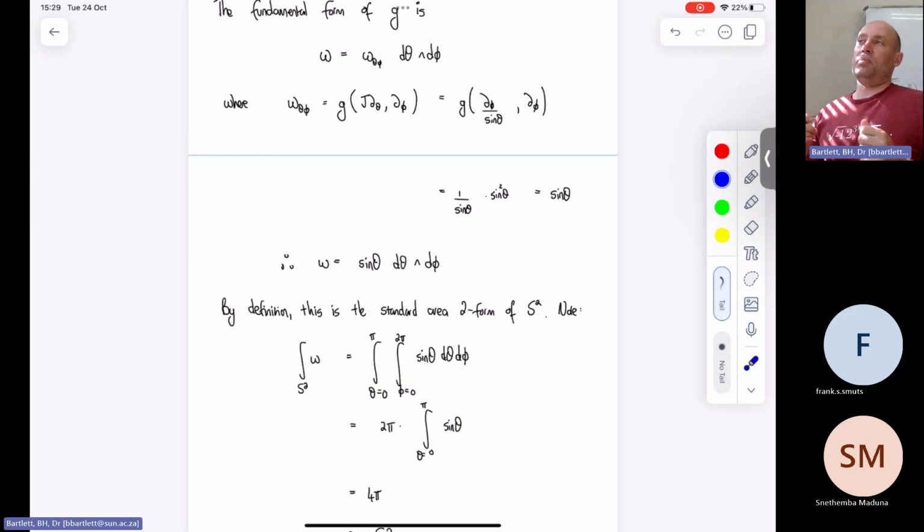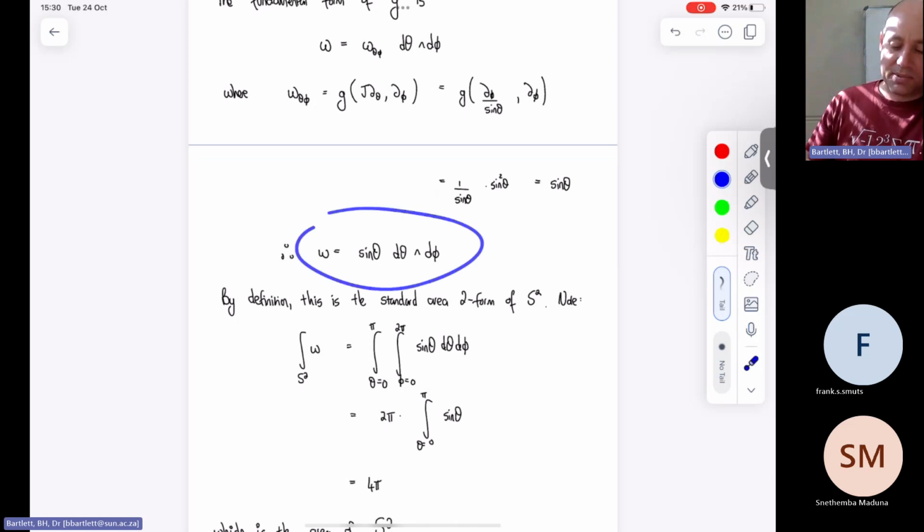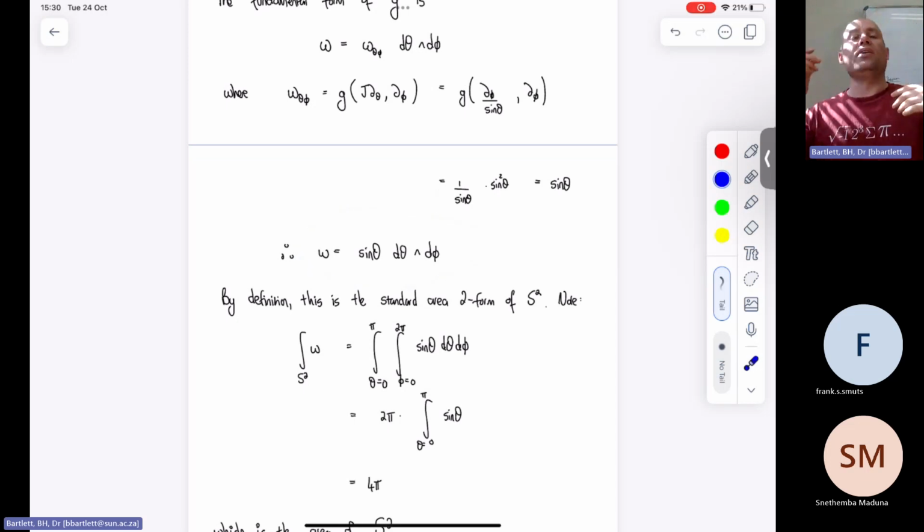You want to be able to mix and match in your head between working with Zs and working with X's and Y's. In other words, writing things down in terms of complex coordinates and writing things down in terms of real coordinates. So here is how things look in terms of the theta and phi coordinates. Notice that theta and phi are not the underlying real coordinates of the complex coordinates, right?